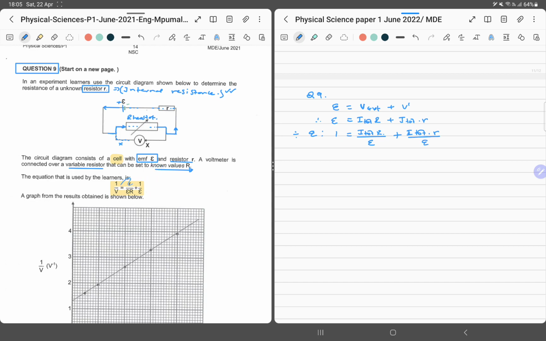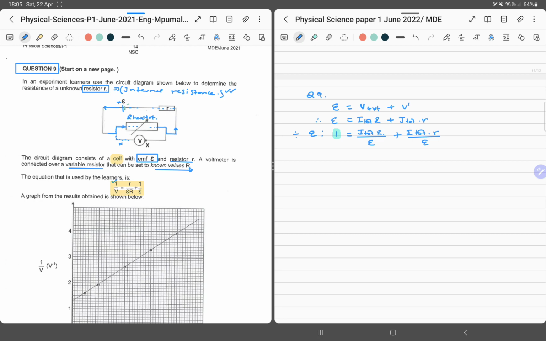It doesn't look anything like what we've got, but what we're happy about is that we've got the 1, and we've got our EMF on the denominator.